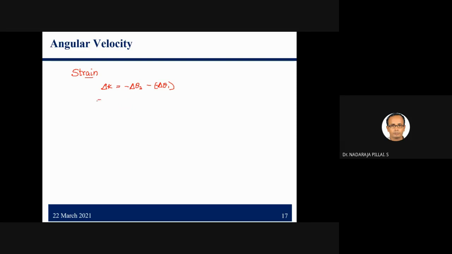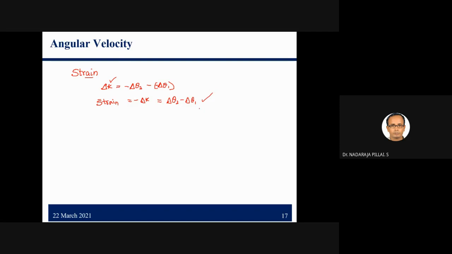Let us write the strain of a fluid element in the xy plane is the change in k. If the change in k occurs, then there is a strain. So in general, the strain can be written as minus del k, which is in turn equal to del theta 2 minus del theta 1.